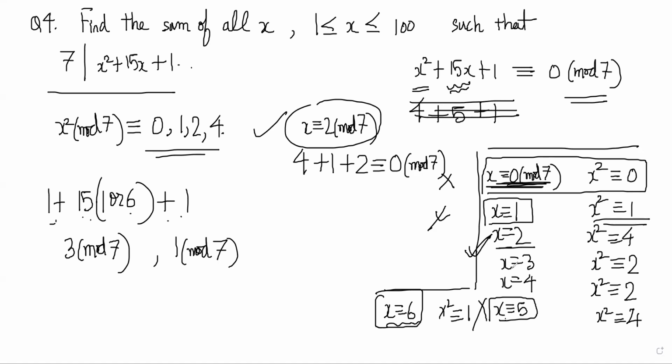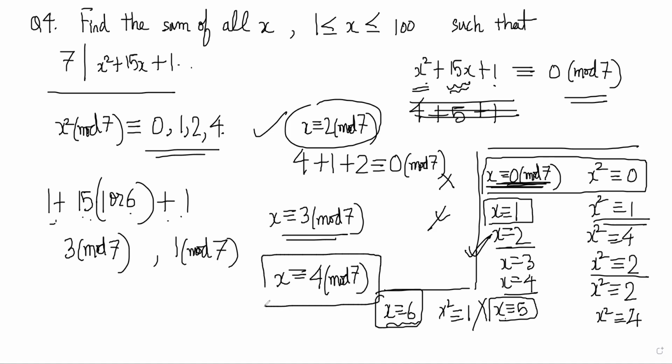Now we look at x is congruent to 3 mod 7. So x square will be 2. If x is congruent to 3 mod 7, x square is congruent to 2. And 15 into 3, 45 is congruent to 3, plus 1. That doesn't work. If it was 4, then you get a 2 plus 60 plus 1, which is divisible. So again, what works is x is congruent to 4 mod 7.